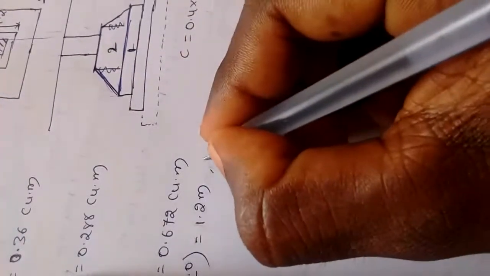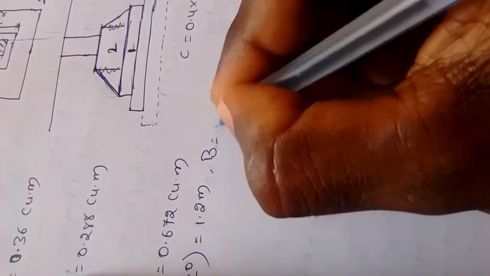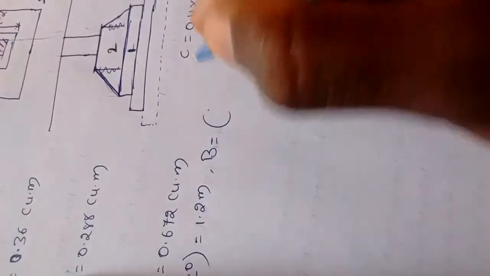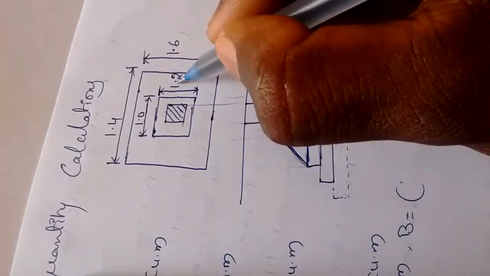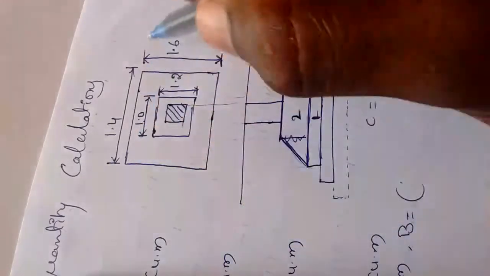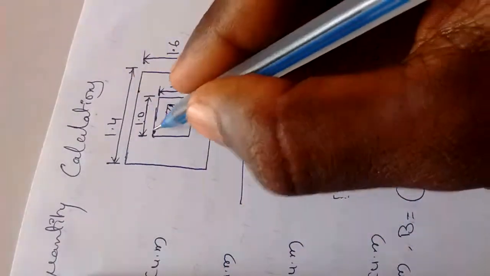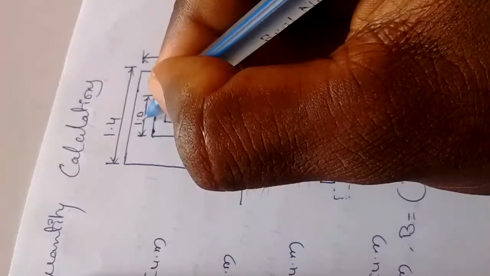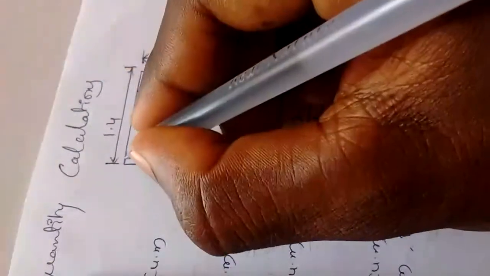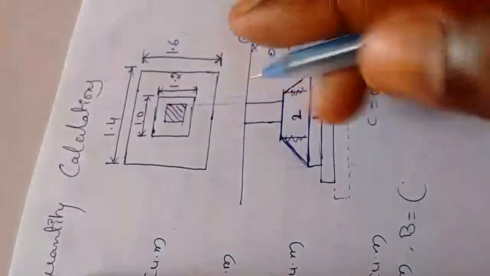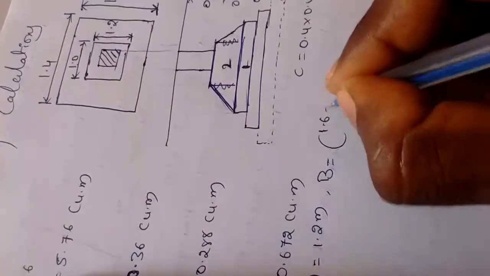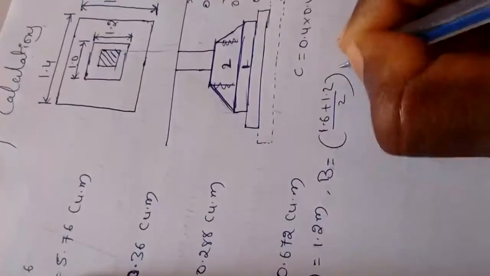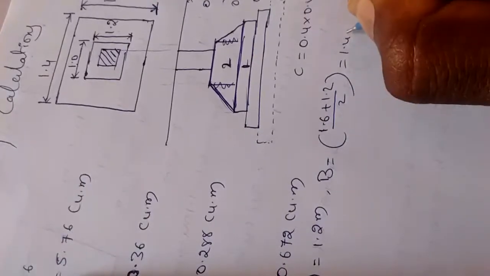Next, width of footing. Length: 1.4 plus 1 by 2, using the base and top. Next, width: 1.6 plus 1.2 by 2, total you get 1.4 meters.